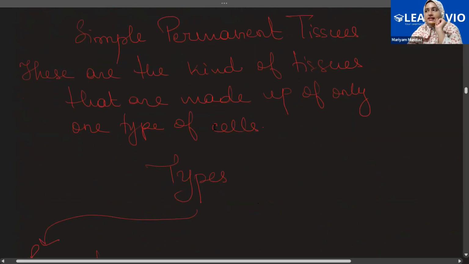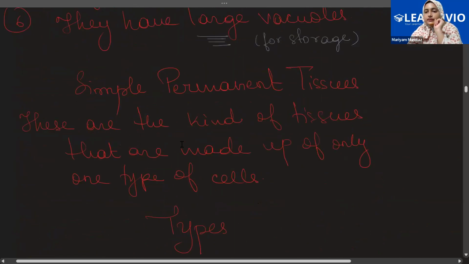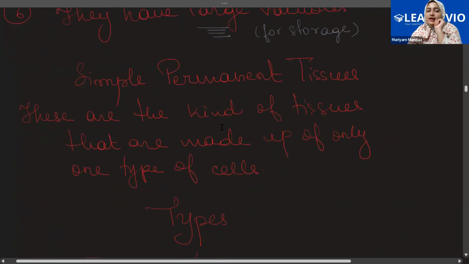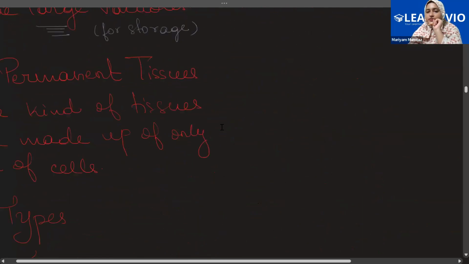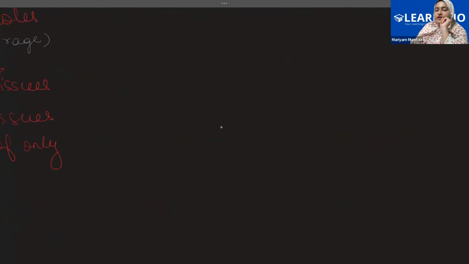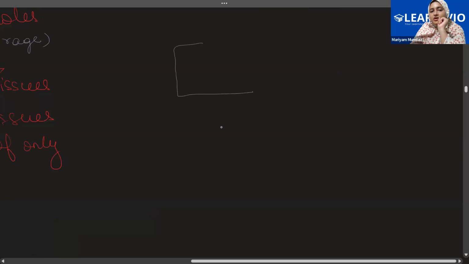All right. Now the next is simple permanent tissue. Tissues can be simple permanent tissues or complex permanent tissues. Now I'll tell you how to differentiate between them. So I'm drawing something and you tell me what is the difference between them.